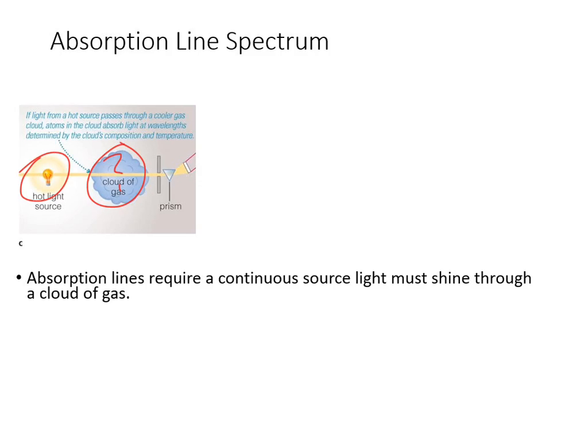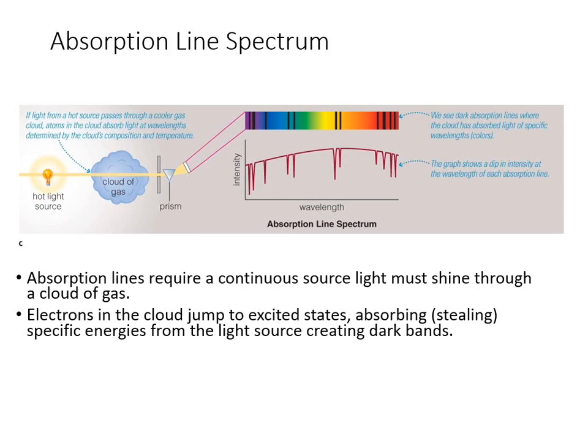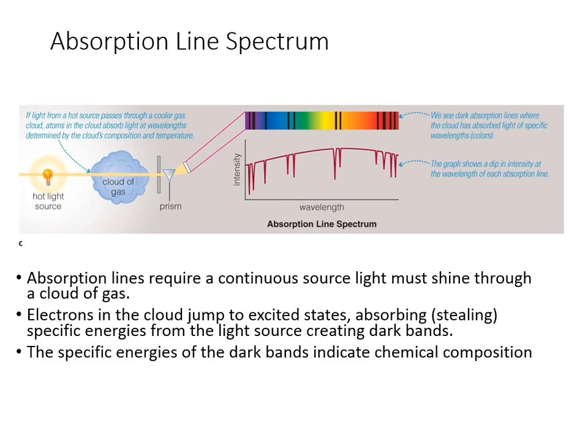Okay, so where that question mark is, that's where it absorbs certain energies from that light source. So instead of seeing a continuous spectrum from that light source, you basically see bites taken out of it. Okay? So you see where the electrons have robbed energy from that light source to be promoted and are just kind of hanging there. Okay?